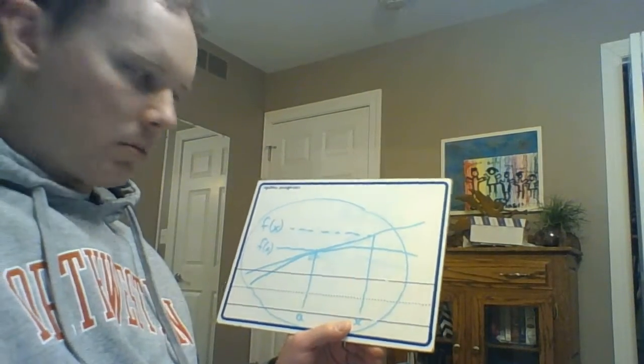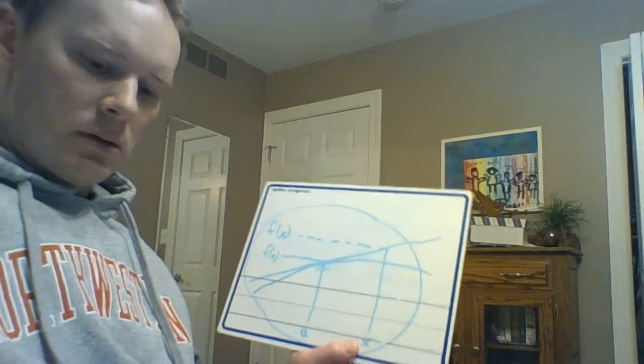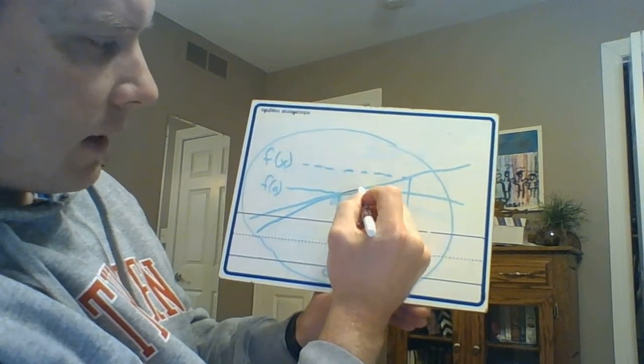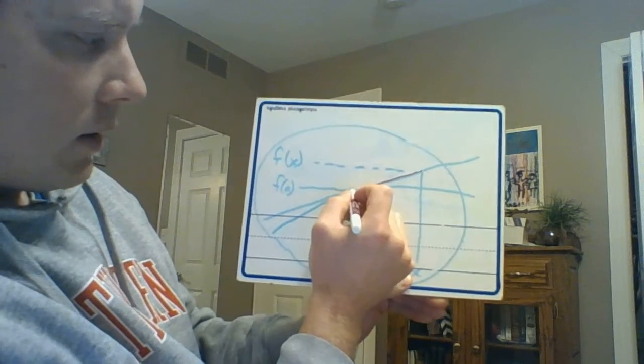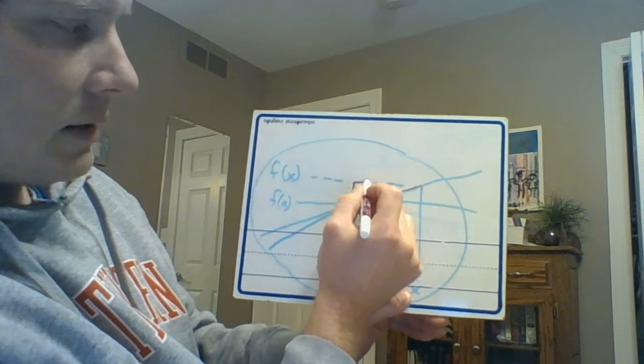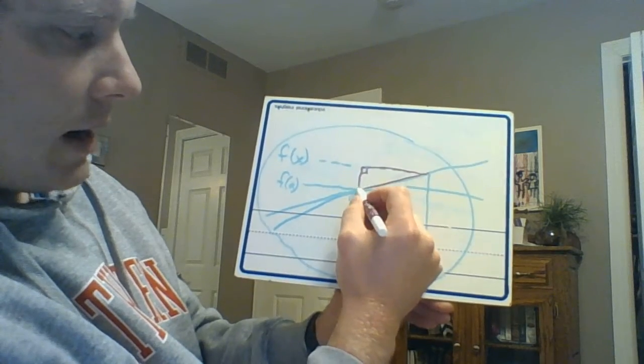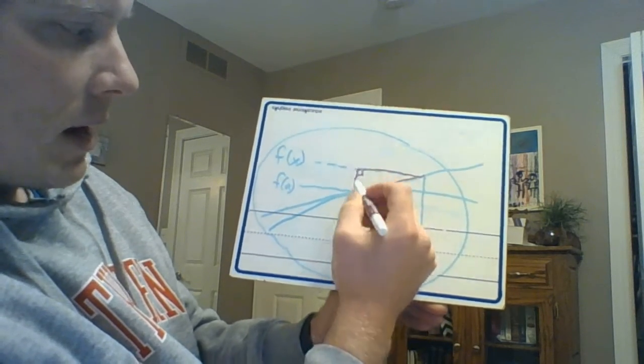Now what I want to show you here, and this is where I should have had more markers, I want us to look at this tangent line slope here. I want us to think about rise and run for a moment. The rise from here to here, how much did we go?